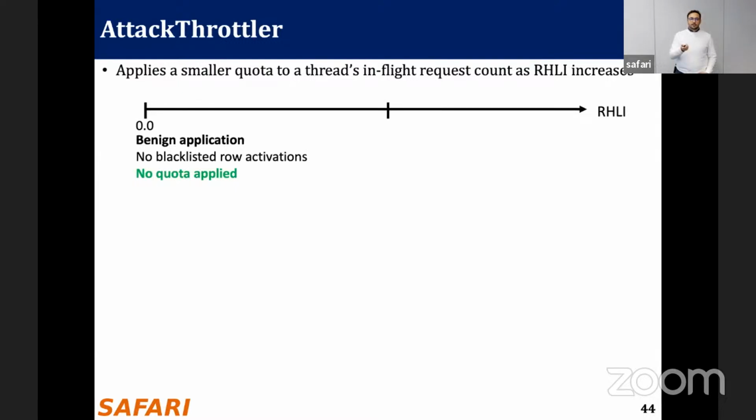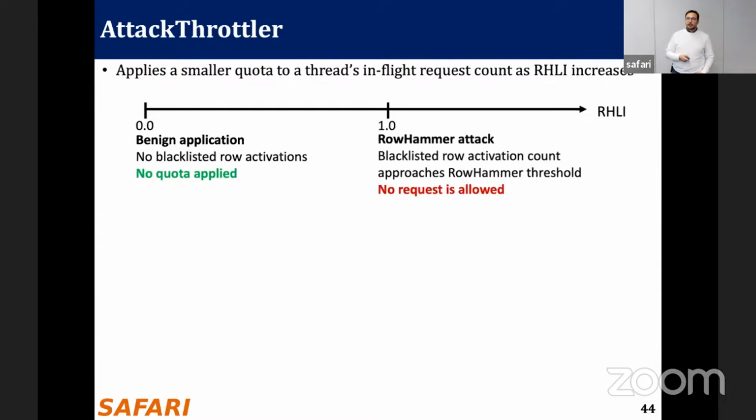If an application is benign, no quota is applied. If an application reaches 1.0, no request is allowed from this thread anymore. This applies to all memory requests coming from that particular thread, not only the ones for the blacklisted rows. So it actually gets rid of the memory bandwidth usage of this particular thread.